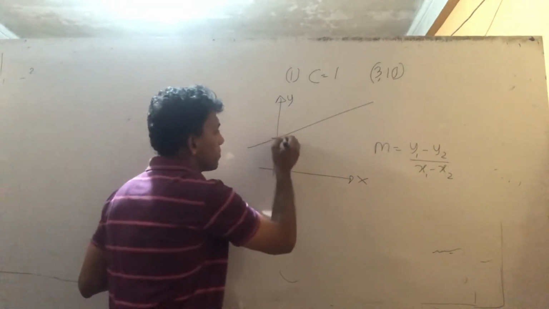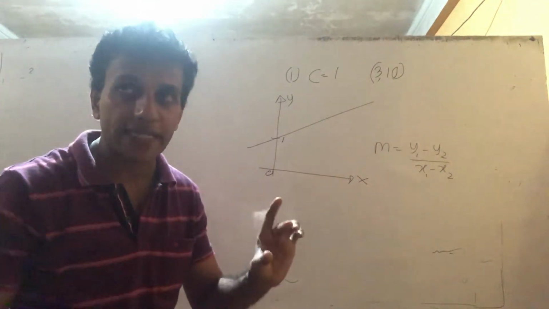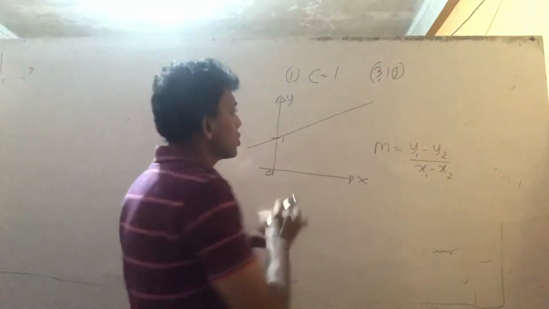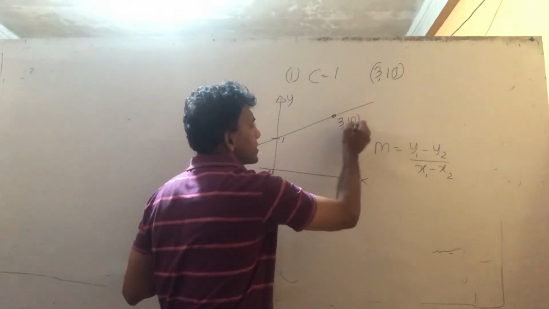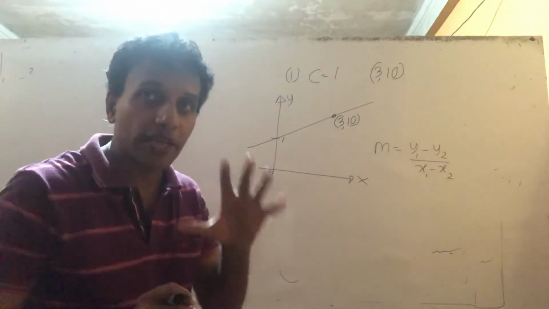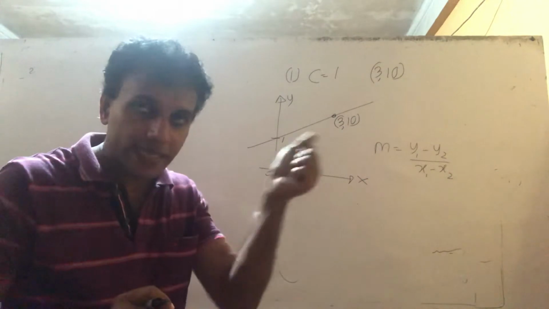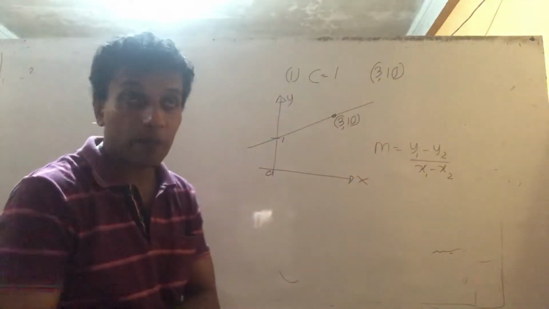This is 1. C means where the graph cuts the y-axis, that is 1. Also the graph passes through 3, 10 like this. We do not need any graphs, but the first time I'm showing it with the diagram also. Later you catch the concept of the idea and you can work all the following problems.